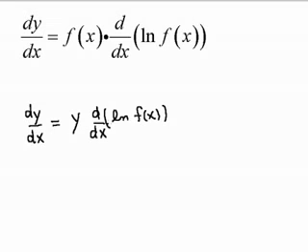So you can see here, we write it out clearly, that we can find dy dx using logarithmic differentiation, and it's always going to be f of x times the derivative with respect to x of the natural log of f of x. And so we can write it as just y times the derivative with respect to x of the natural log of f of x, or the natural log of y.